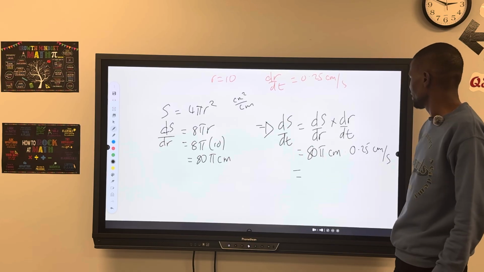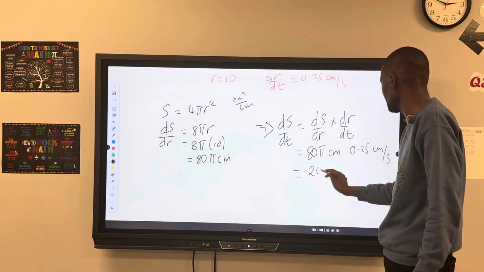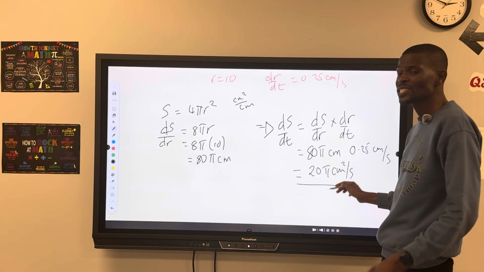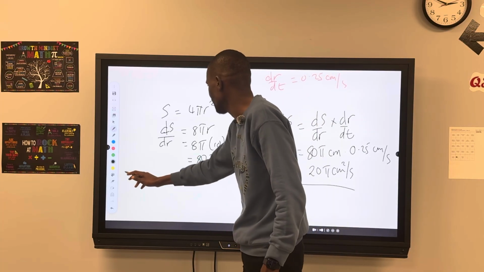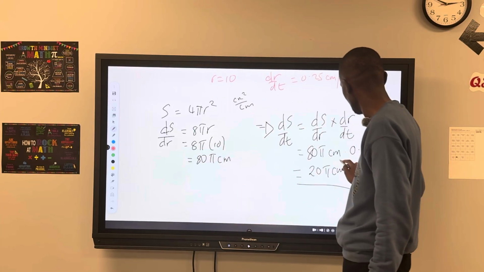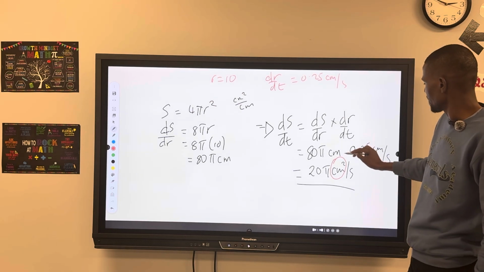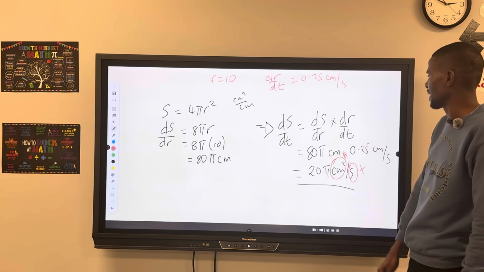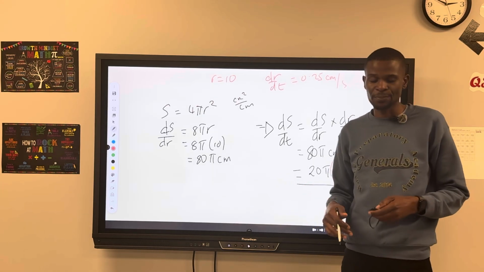A quarter of 80 is 20, so it's 20 pi square centimeters per second. These units, guys, are very important. The square centimeters obviously tell us that this is an area, and seconds is time. So basically, that's how we solve these problems, guys.